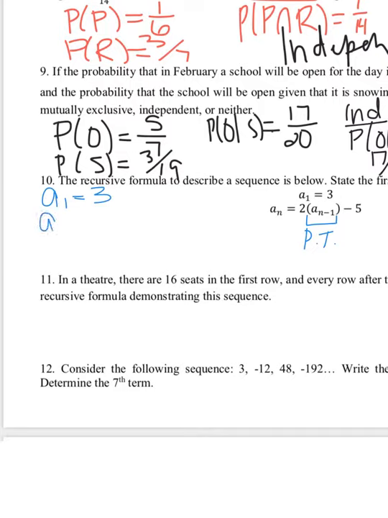So A sub 2 is equal to 2 times the previous term, which is 3, minus 5. That gives me 1. So the first term is 3, the second term is 1. The third term, 2 times the previous term minus 5, gives me negative 3.